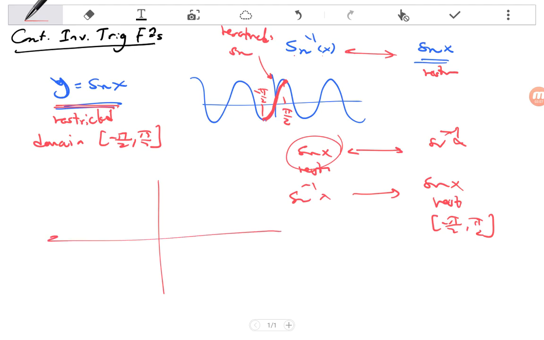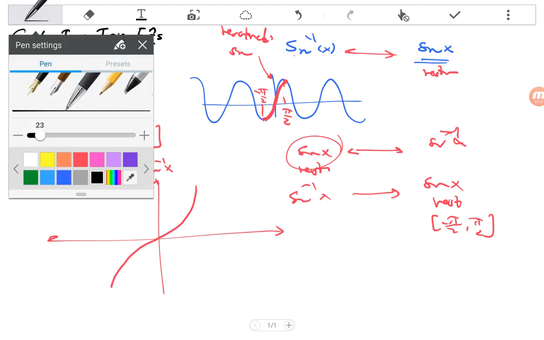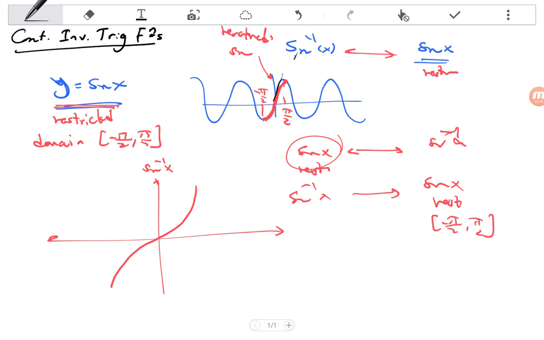And we learned to graph the inverse function, which is sine inverse x. It would be something like that, which is reflected about y equals x. So it gives me a curve like that.